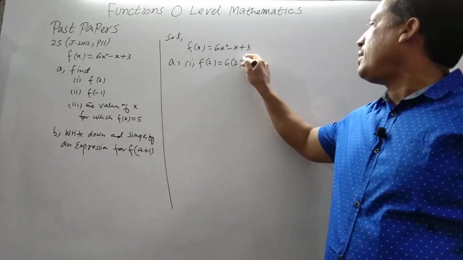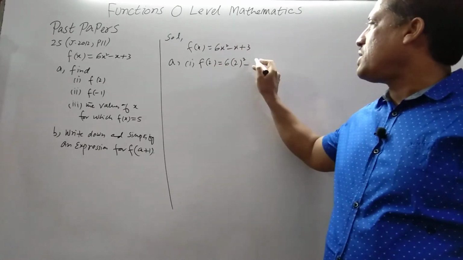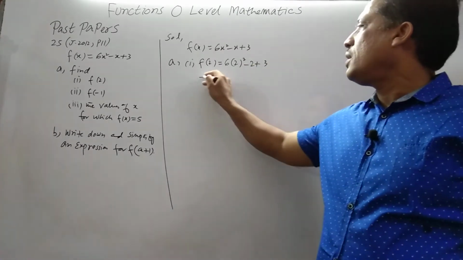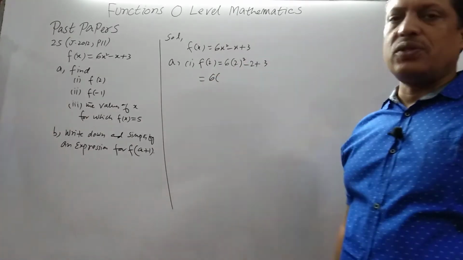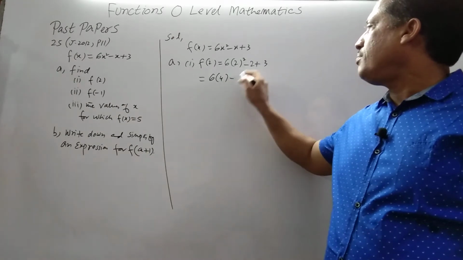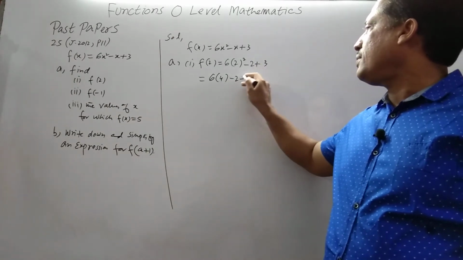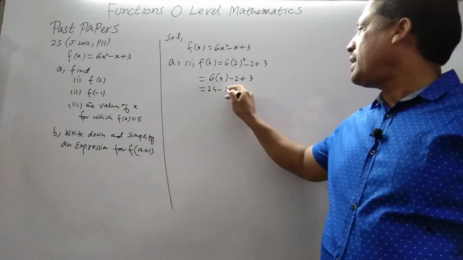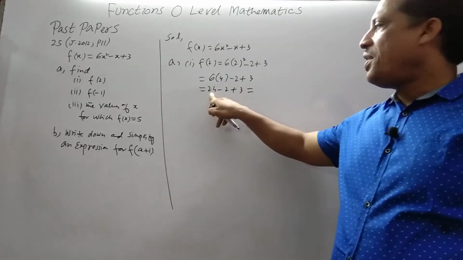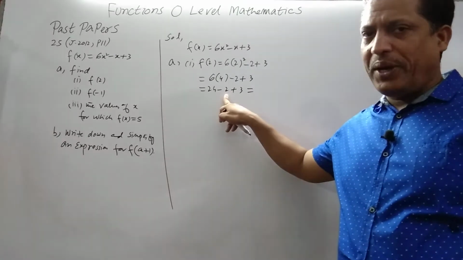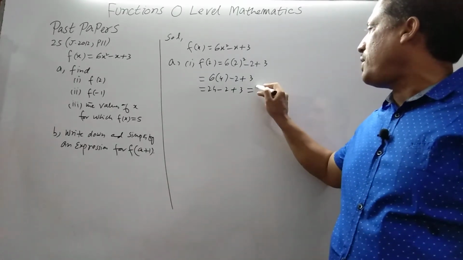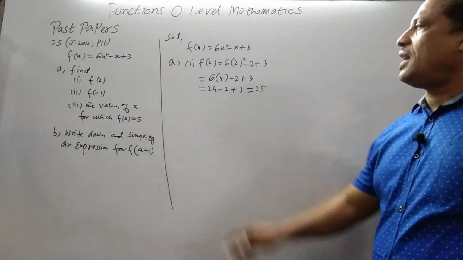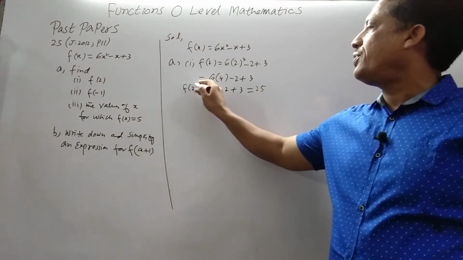So 6 times 2 squared, minus 2, plus 3. 2 squared is 4, so 6 fours are 24, minus 2, plus 3. 24 minus 2 is 22, plus 3 is 25. So this is the answer of f of 2.